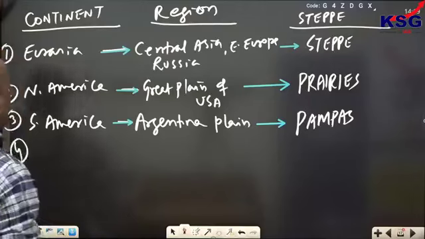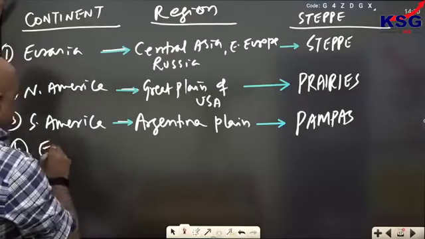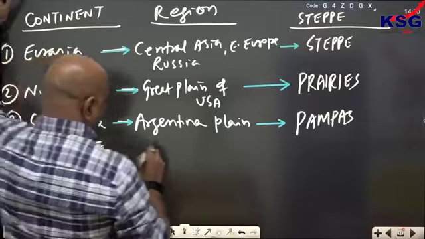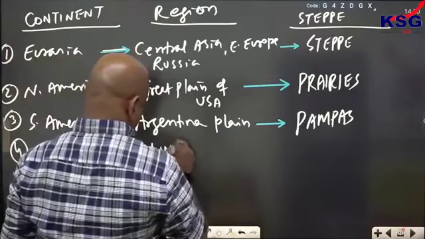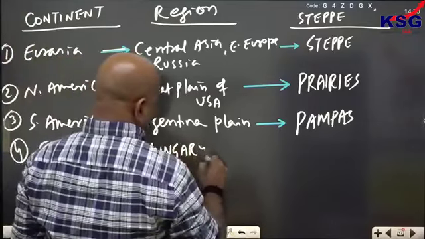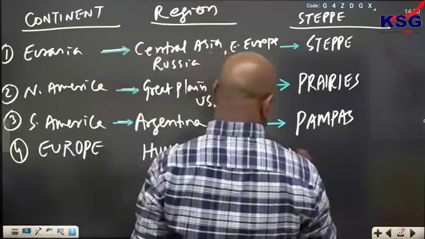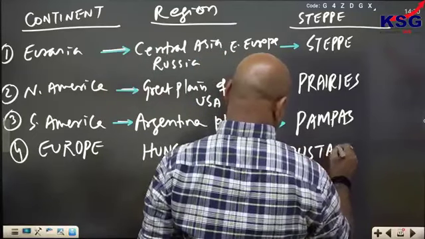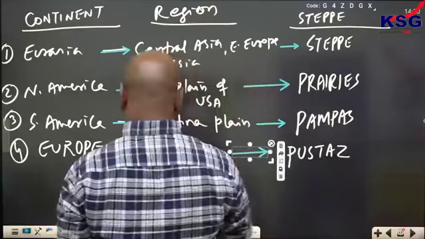Fourth one, in Europe, in Hungary, it is called the Pustaj.